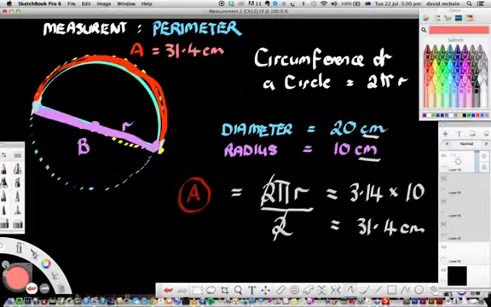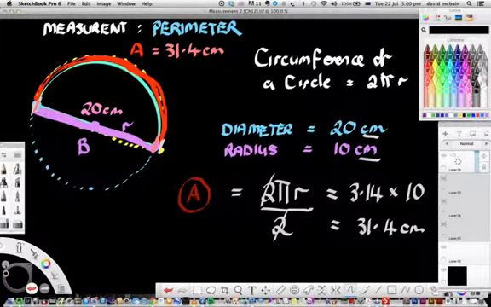And we know that this blue length here is simply the distance across the full circle, which is the diameter, which is 20 centimetres. So that distance there is 20 centimetres. So the full distance around this shape is 31.4 plus 20.